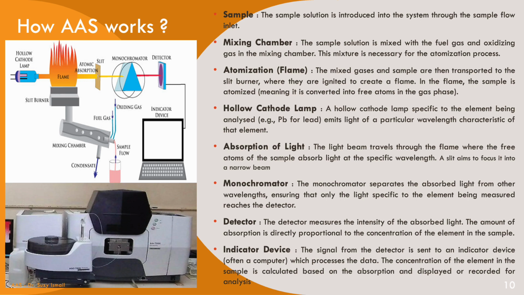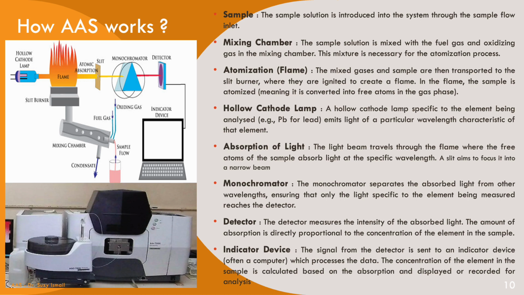The detector measures the intensity of the absorbed light. The amount of absorption is directly proportional to the concentration of the element in the sample. As for the indicator device, the signal from the detector is sent to it. Commonly it is a computer which processes the data.